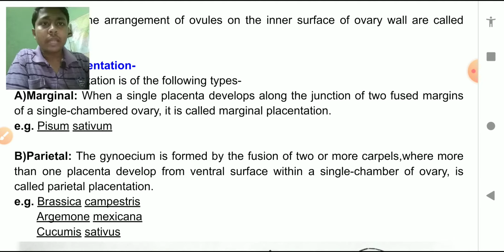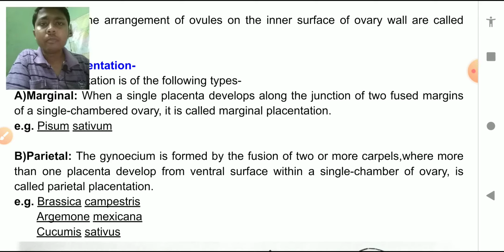When a single placenta develops along the junction of two fused margins of a single chamber ovary, it is called marginal placentation. Here the placenta develops from the margin, at the junction, and only into a single chamber.